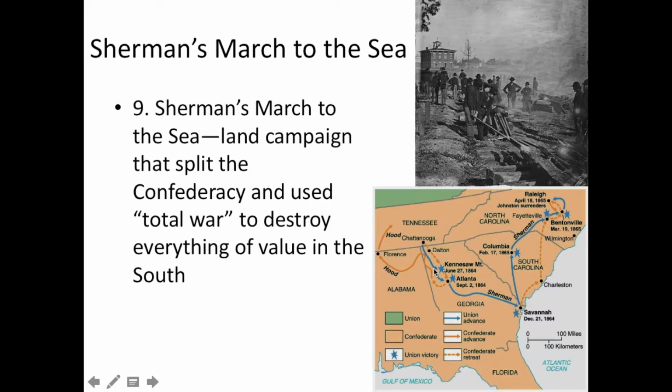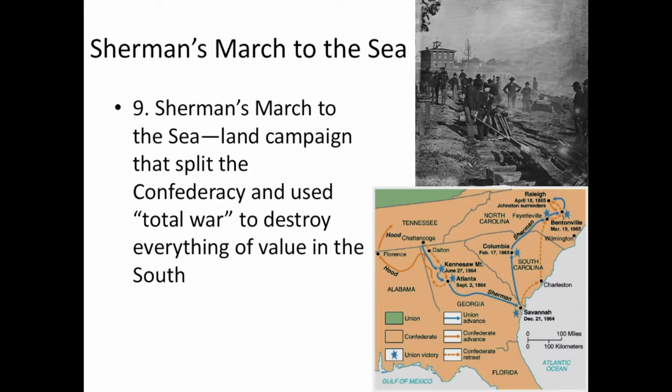So, total war is when you're not only fighting a war against the Confederate soldiers, you're also going after their civilians. Now, he didn't really go and massacre their civilians, but he did, for example, go in and take their food. He would burn their homes. He would burn their cotton fields, and he would mess up and dig up their gardens.